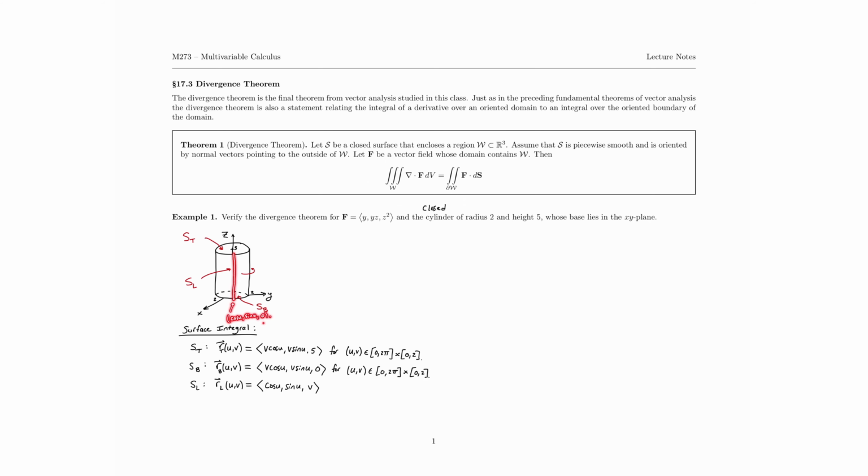So here, this z component will vary. So v will go from 0 to 5. We'll imagine this just traces up. Then we move a little bit and we'll trace up, and we do this all over the cylinder. So for (u,v) in the interval 0 to 2π, Cartesian product with 0 to 5.